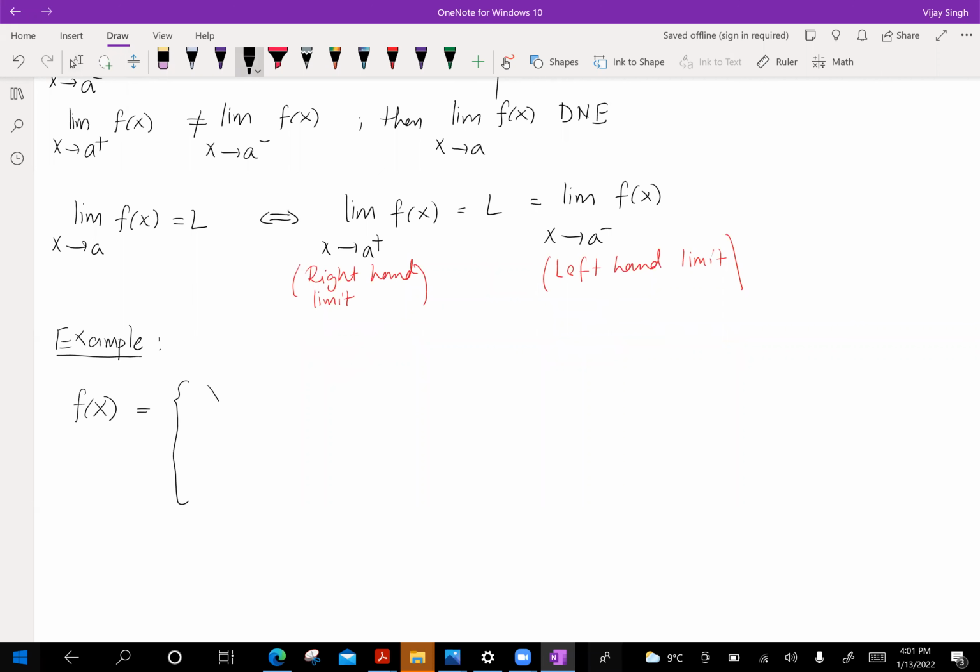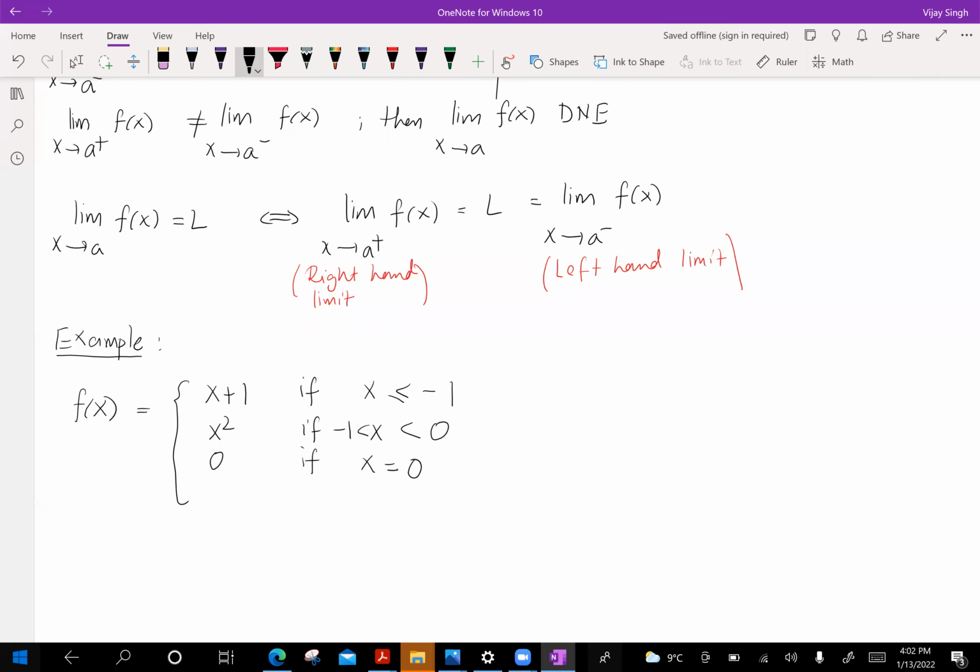Say f of x equals x plus 1 if x is less than or equal to minus 1, it is x squared if x is greater than minus 1 and less than or equal to 0, it is 0 if x is 0.